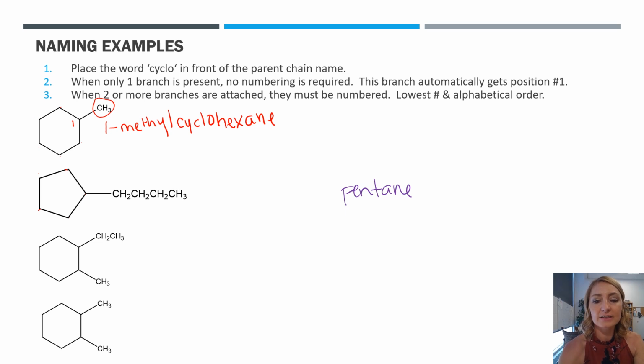And it is a cyclic structure, so I need to call this cyclopentane. So that takes care of my parent ring structure. I have 1 branch coming off, so that tells me that I don't have to number this. But I do need to count how many carbons are in my branch. I see 1, 2, 3, 4 carbons. As a branch, this is an alkyl group branch.